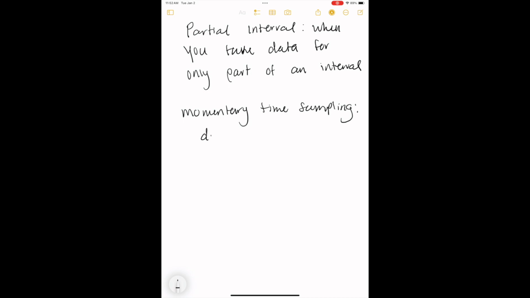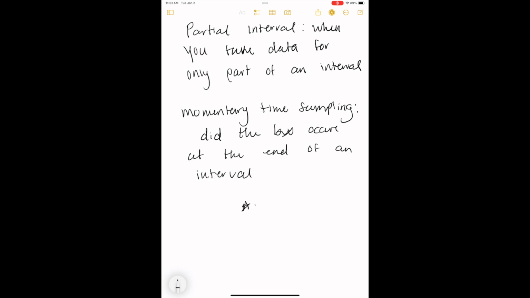Momentary time sampling is, did the behavior occur at the end of an interval?